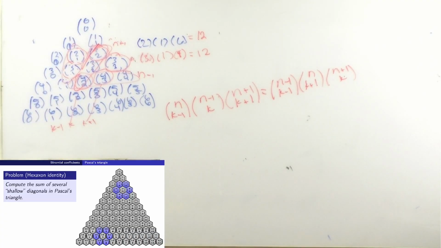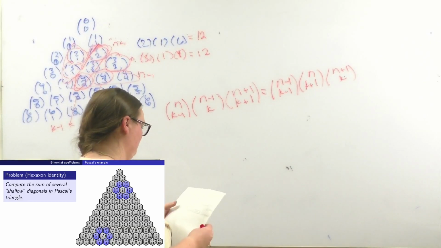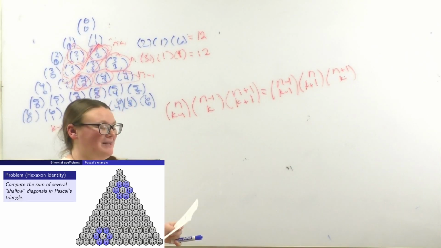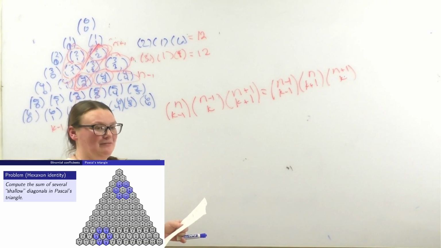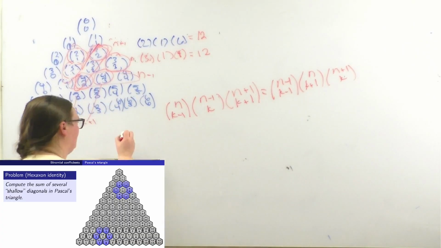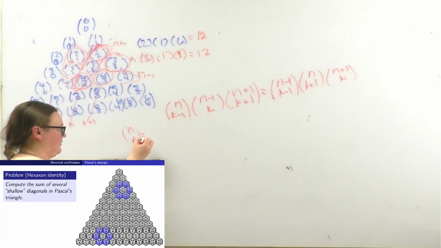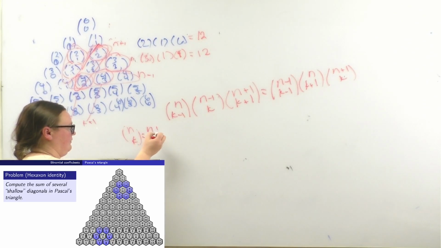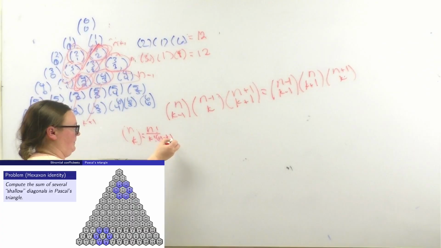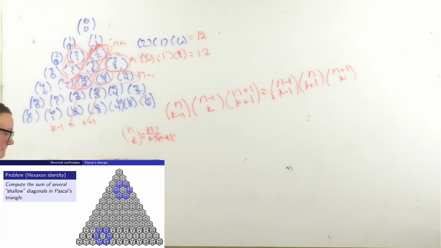Hexagon identity. Woohoo! And we can prove it using binomial coefficients. Friendly reminder, n choose k is equal to n factorial over k factorial times n minus k factorial. It's a doozy. What were you going to say?